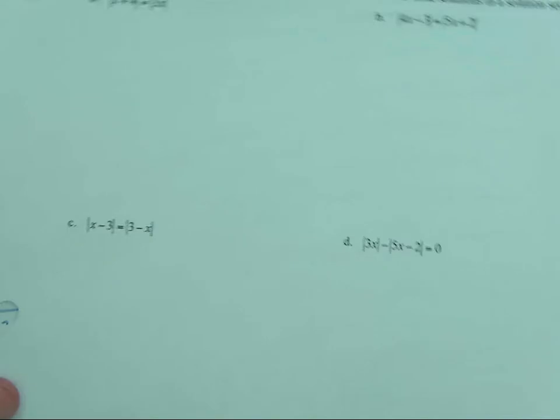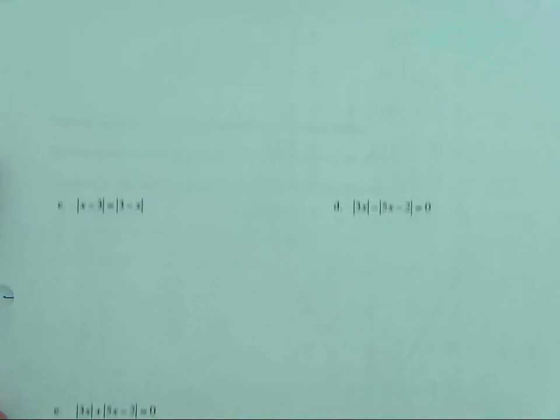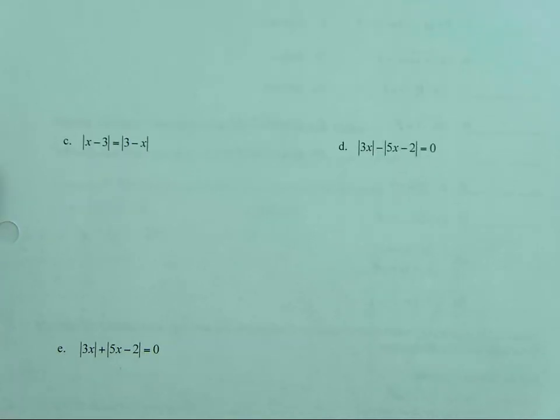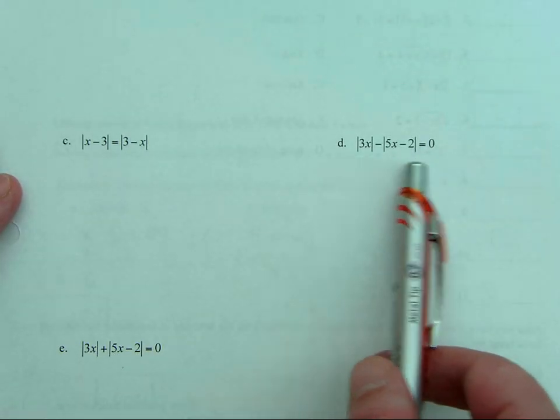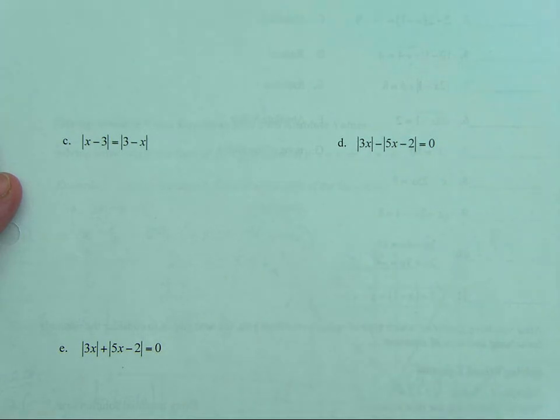You have several different examples in example 6 to go ahead and try. I would say for something like this one, D, what do you think you might want to do in order to get that one ready to solve?